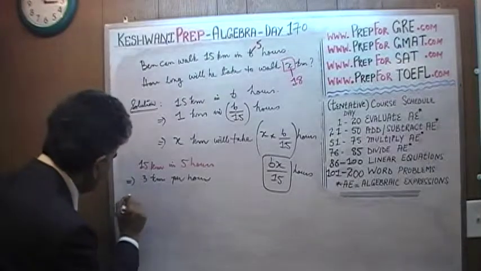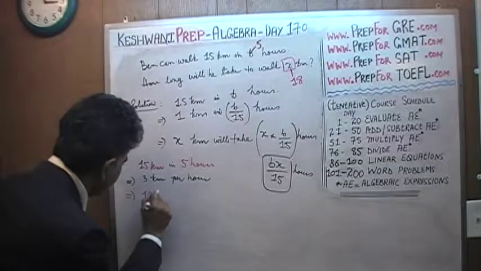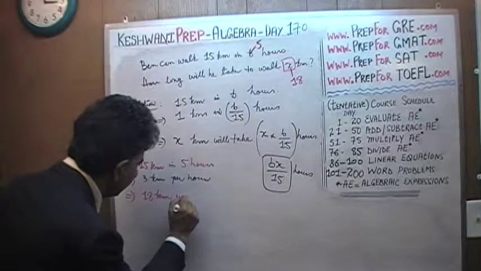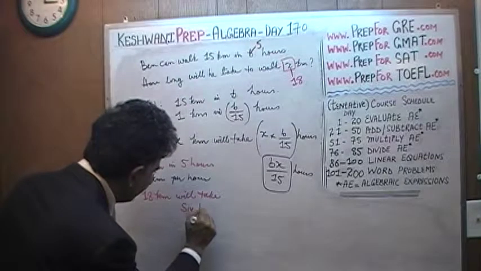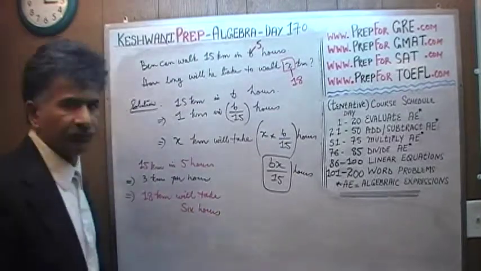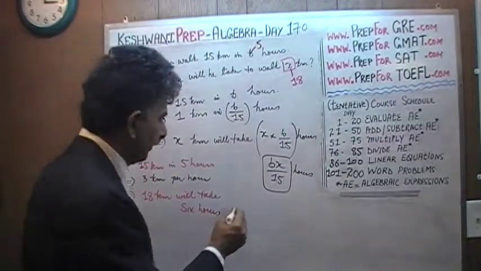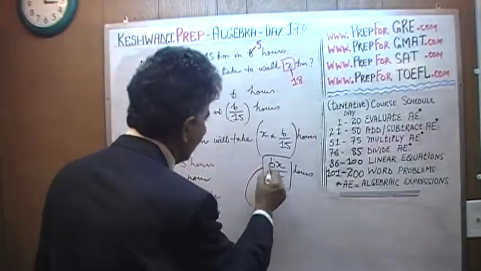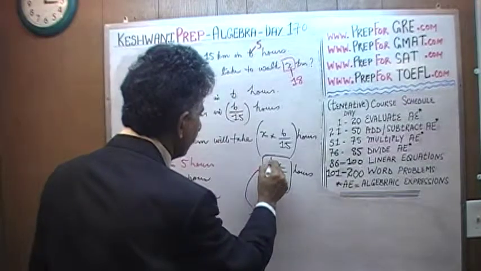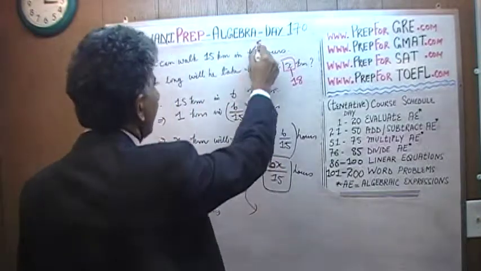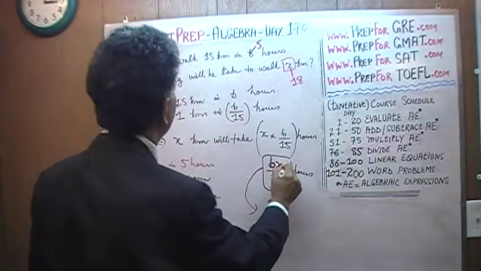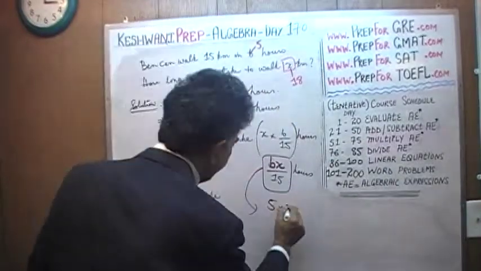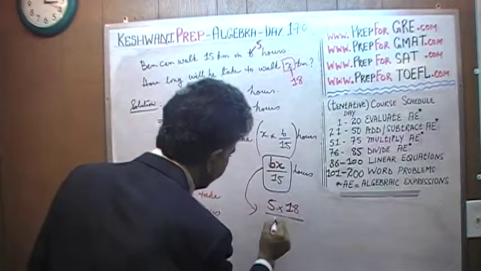If he's walking 3 kilometers per hour, that implies that 18 kilometers will take 6 hours. Let's see if this gives us 6 hours. B is 5. X is 18 over 15.